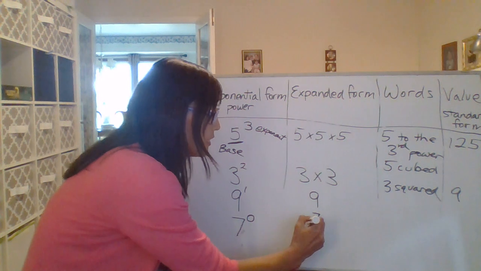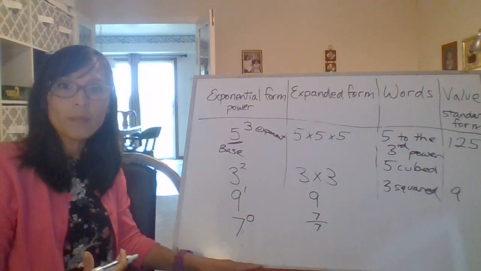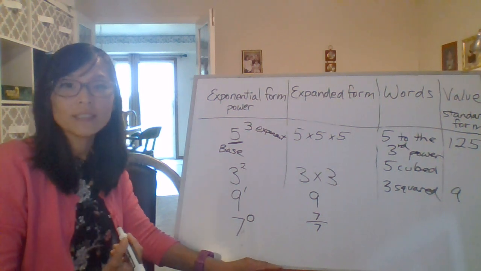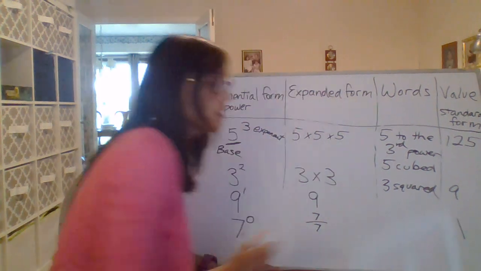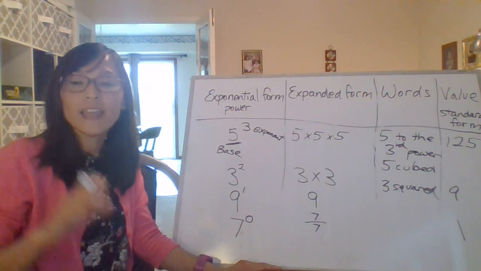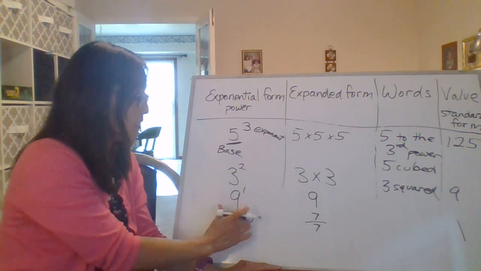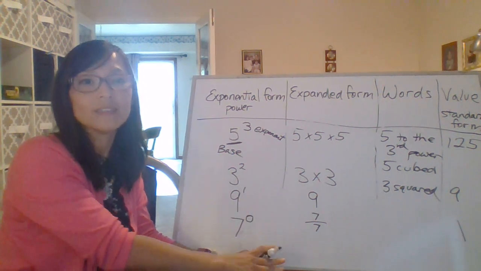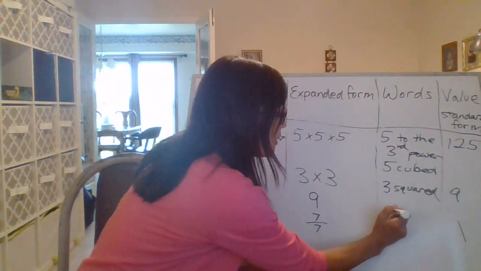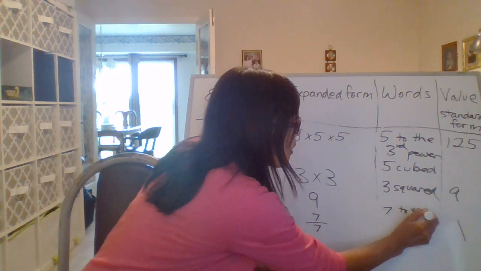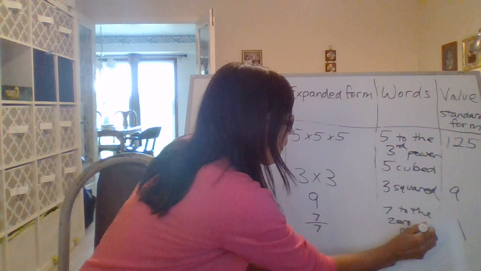So what does it really mean? It really means the number divided by itself. 7 divided by 7. And what is 7 divided by 7? It is 1. So the expanded form, the value of a 0 exponent is 1. And the way we could say that is 7 to the 0 power.